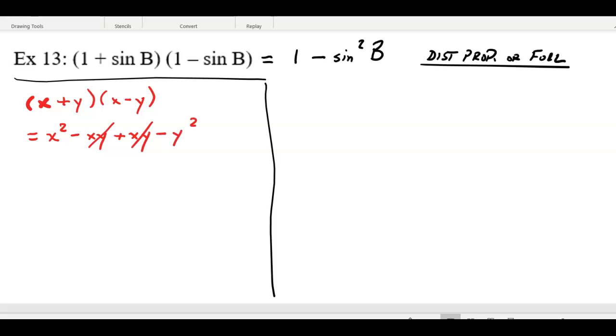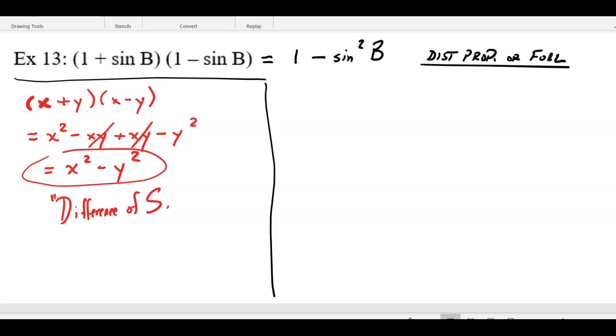The middle terms cancel out, and you're left with x squared minus y squared. I would be remiss, and I know you've seen this before. If you have, Mr. Young, I know you've seen this. This expression is called a difference of squares.